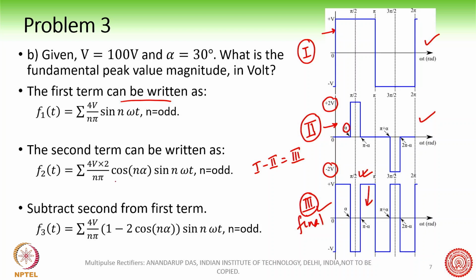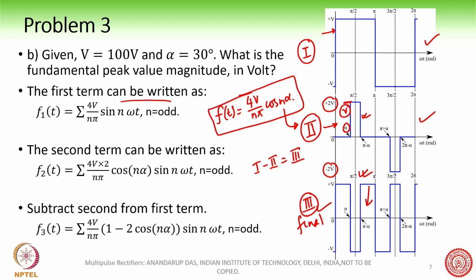The general expression is like the one I showed in the last slide, 4v by n pi cos n alpha. This is the expression for this kind of waveform, where this amplitude is v. If you take this as the v amplitude, then this is the general expression of any quasi-square wave. If you can recall that one, then I can use this one.